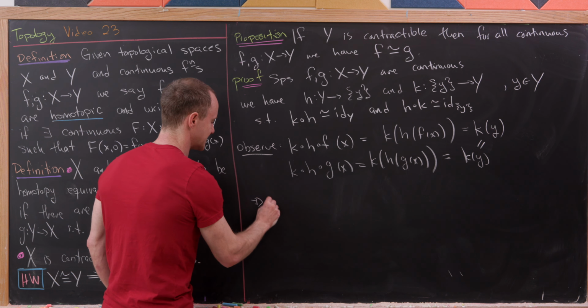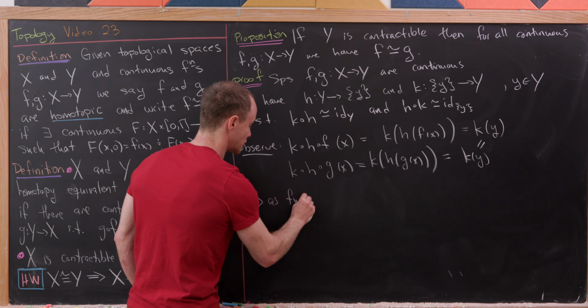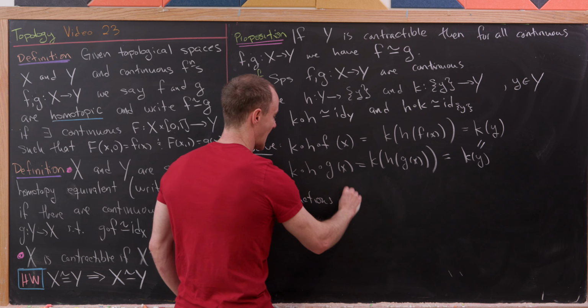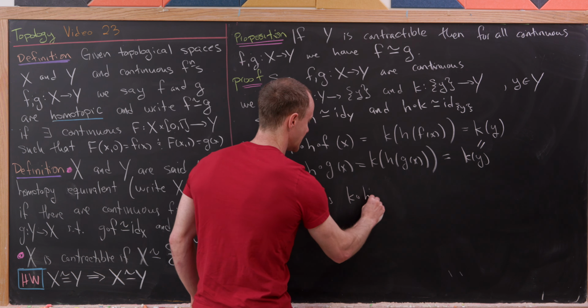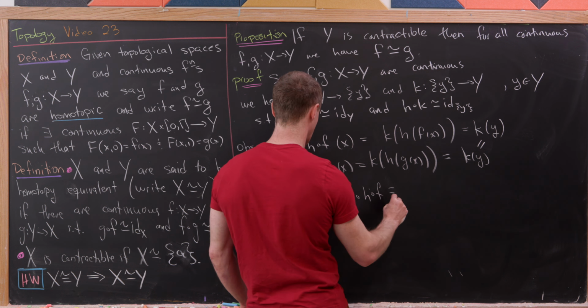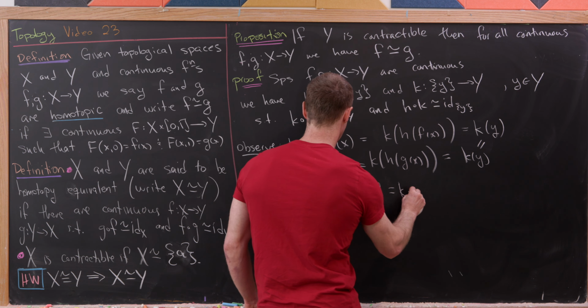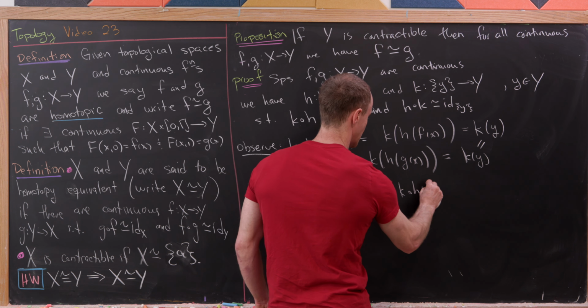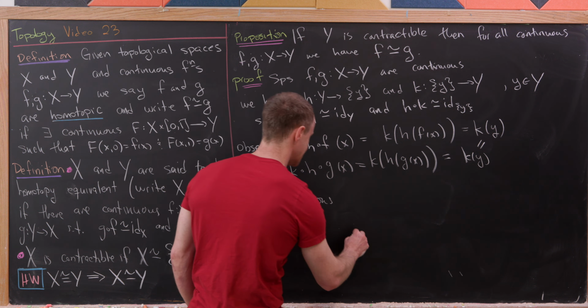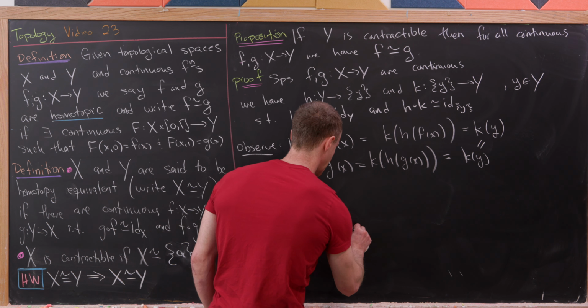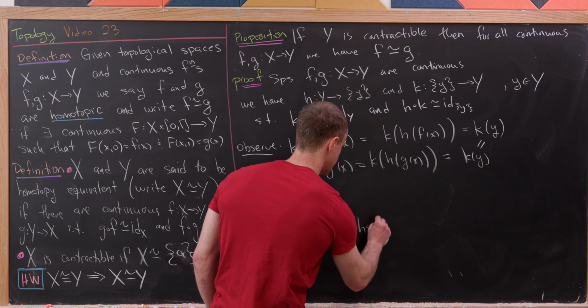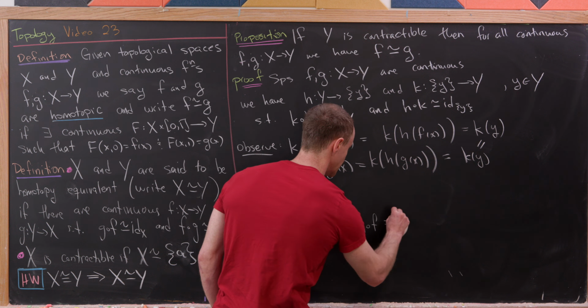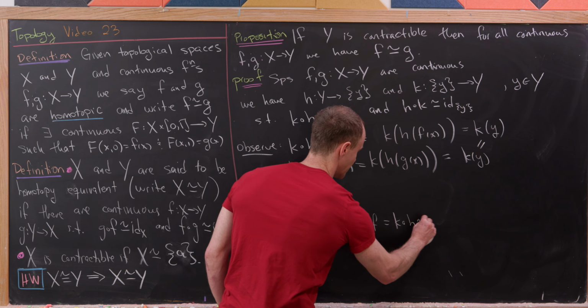So that tells us that as functions, we have k composed with h composed with f is equal to k composed with h composed with g.